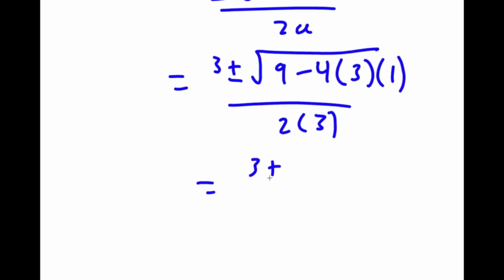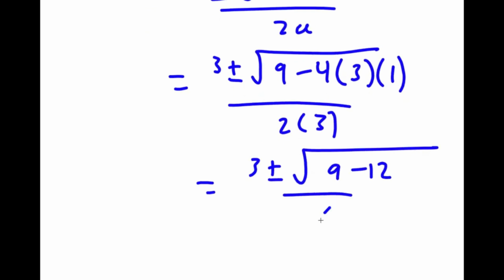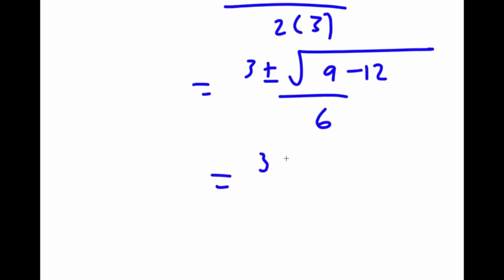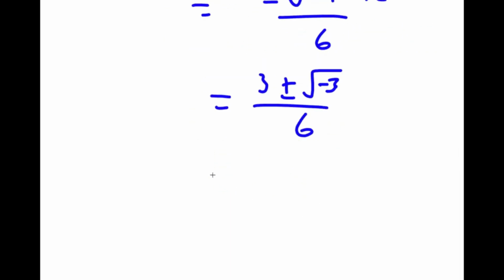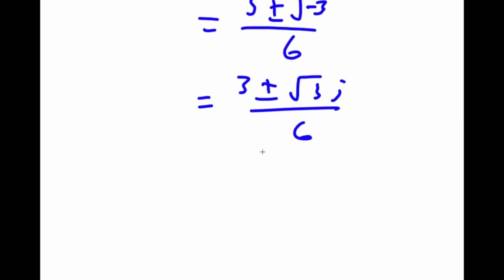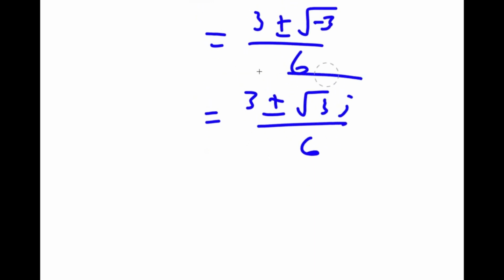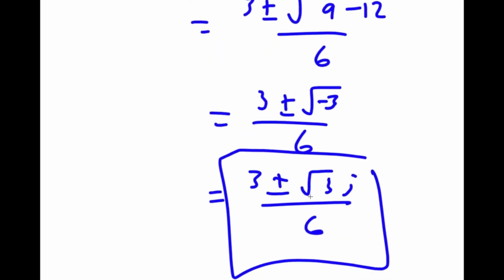That is equal to 3 plus or minus the square root of 9 minus 12 over 6, which is equal to 3 plus or minus the square root of negative 3 over 6, which is equal to 3 plus or minus the square root of 3 i over 6. So these are my two solutions.